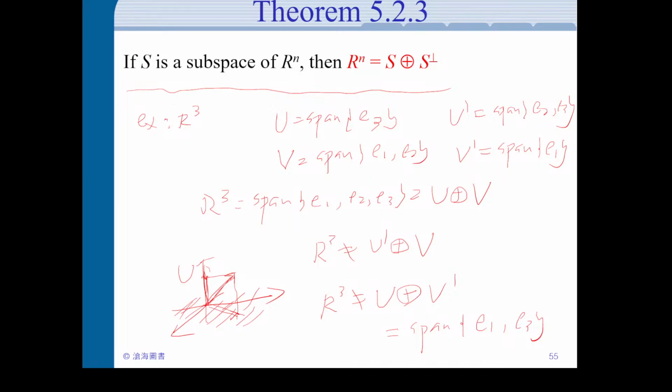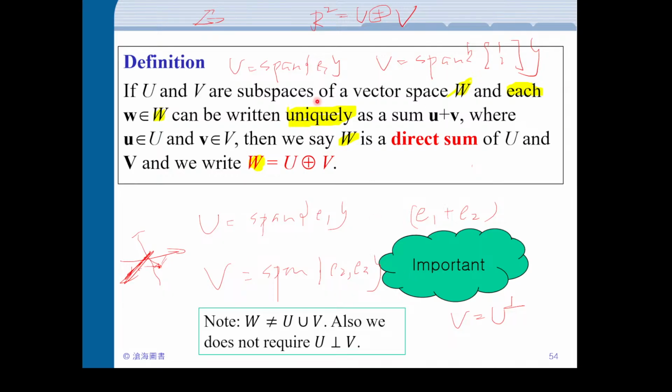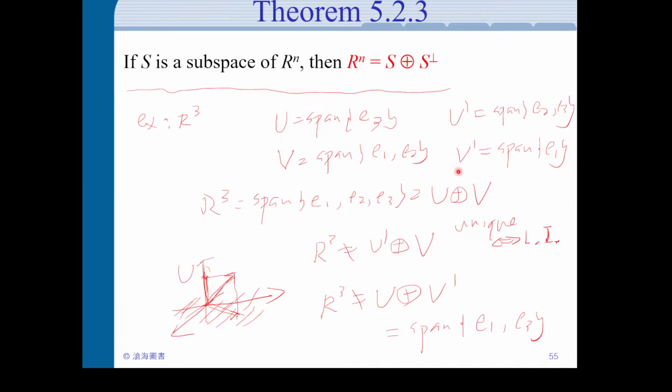So this unique condition corresponds to the condition of a basis being linearly independent, and also we want this "each" condition: each thing inside W can be written as a linear combination. Here we have an example where the "each" condition is not satisfied. U and V prime together don't direct sum to our R3 because U only spans E3 and V prime only spans E1, and then things on E2 are not inside their direct sum.